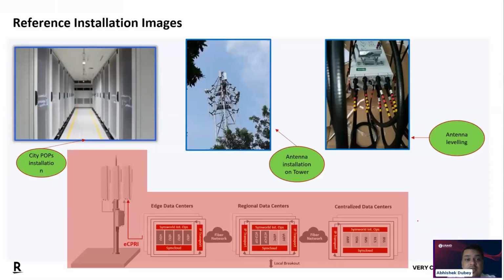Let's understand the installation and what key points you need to consider in this installation. We will discuss these reference images based on our architecture, which we have deployed or which we need to deploy for the O-RAN.